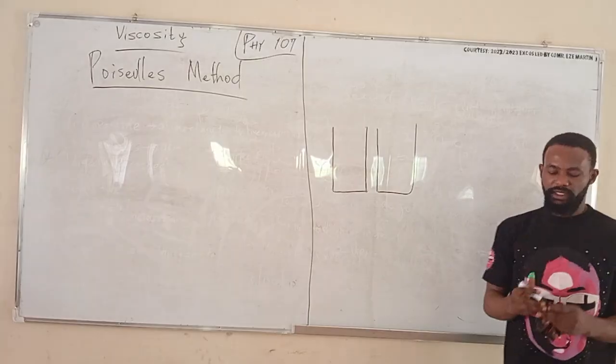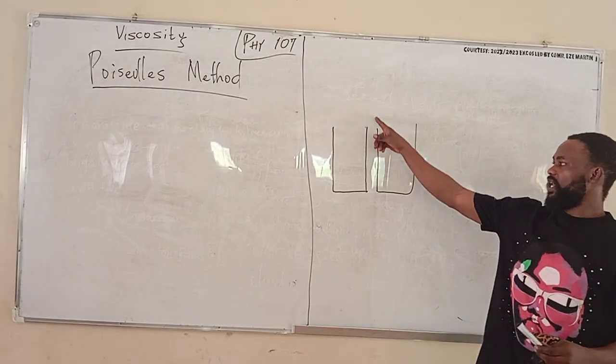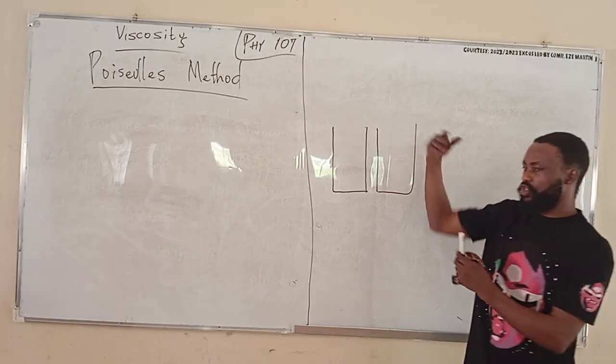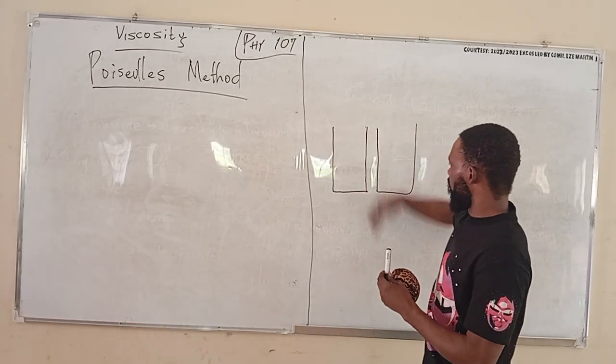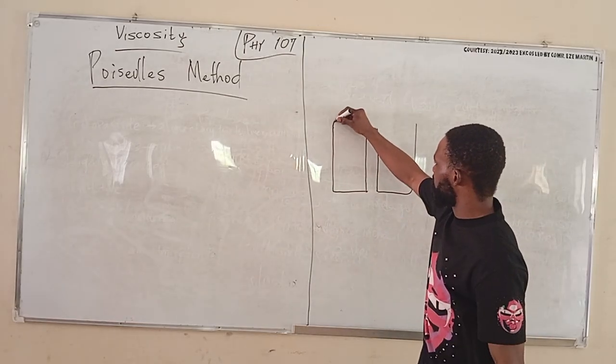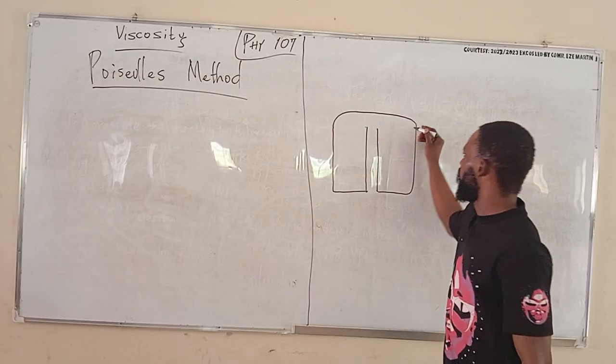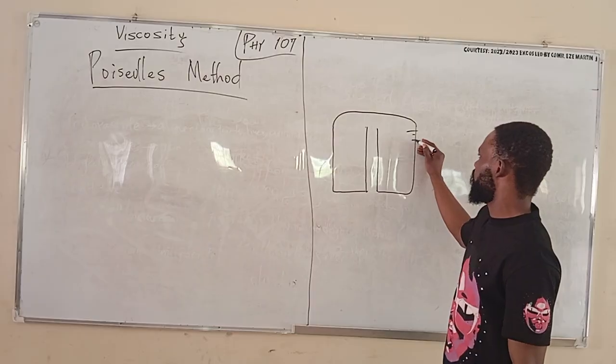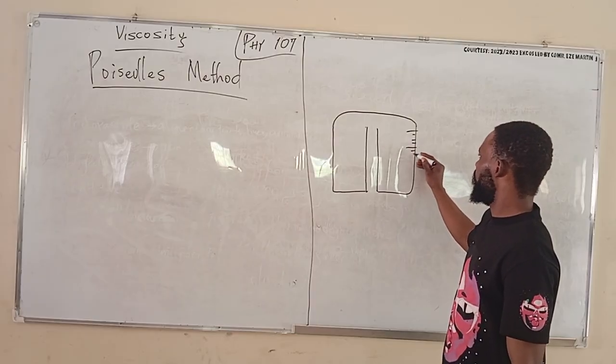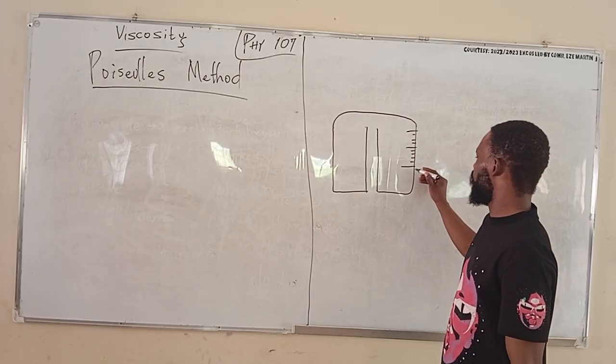You can adjust the tube, and when you are doing this practical you always see something like this. Let this be the water source, filled with water. You will see calibrations inside this. I posted the practical on my channel, so if you watch it, you will understand it better.